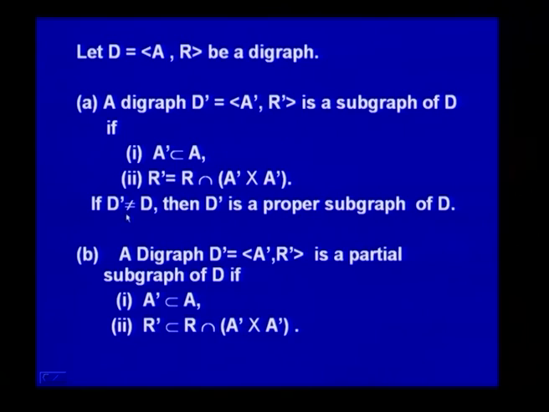If D dash is not equal to D, then D dash is a proper subgraph of D. A digraph D dash equal to (A dash, R dash) is a partial subgraph of D if A dash is contained in A and R dash is contained in R intersection A dash cross A dash. So, let us consider some example, then it will become more clear.